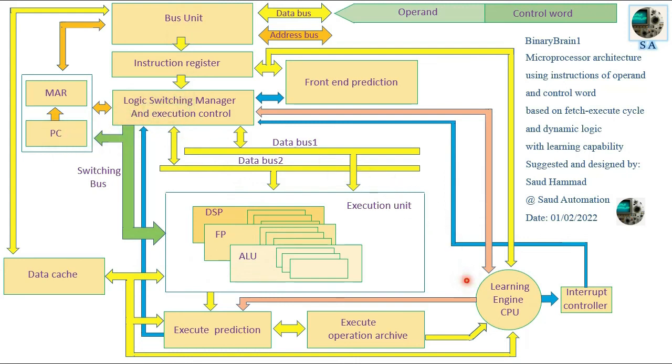In this architecture, I suggested having an internal integrated CPU, a learning engine CPU. This CPU doesn't need to run at very high speed, and it doesn't need to interact with or obstruct the main internal microprocessor bus at all. It works alone at the side, and through an interrupt request, it will steer the execution.